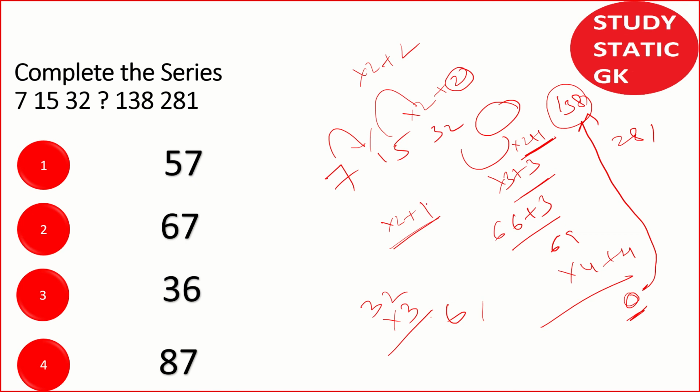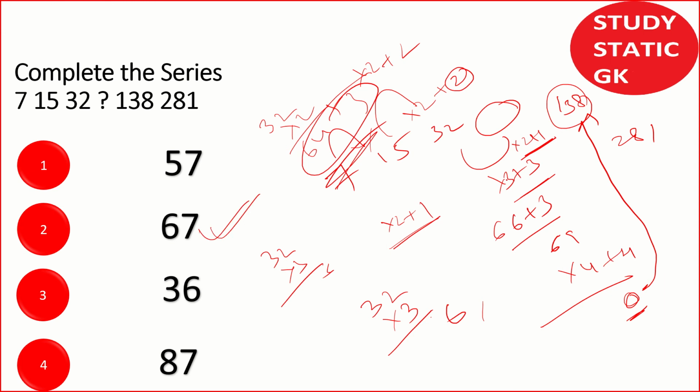Into 2 plus 1. 32 2s are 64 plus 3 is 67. Okay, this is the answer here.